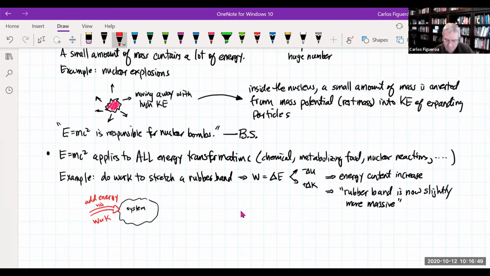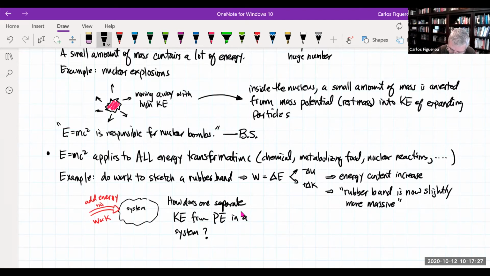But here's a problem. How do you separate kinetic energy from potential energy in a system? So if you're looking at the rubber band, how do you know the amount of energy that's stretching the bonds of the atoms versus increasing the kinetic energy of the atoms?